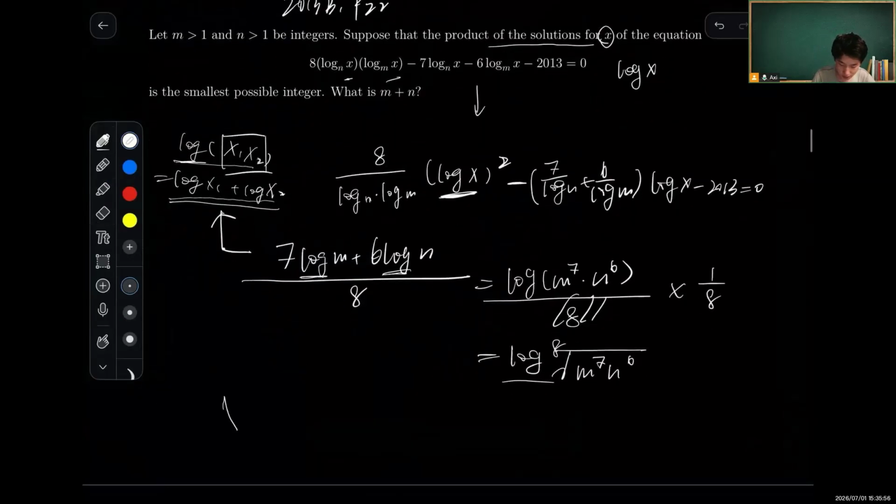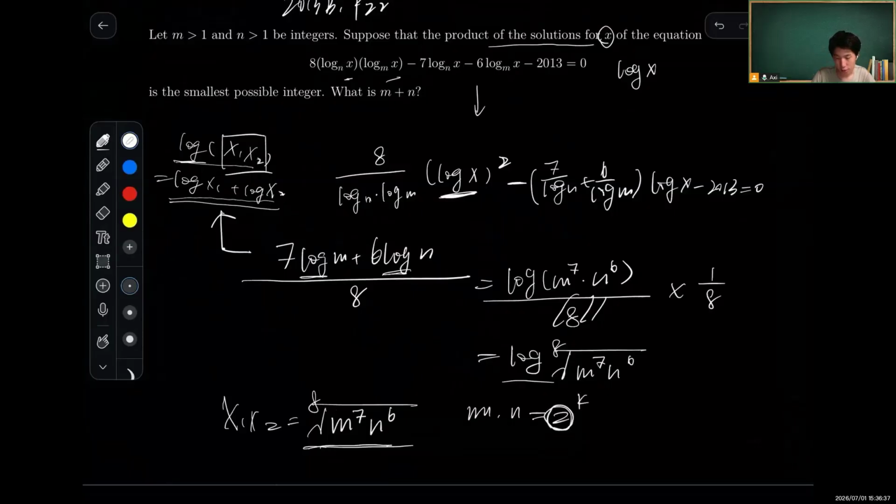Then x1 times x2 is equal to the 8th root of m to the 7th and n to the 6th. We know m and n are integers. First of all, we can assume that in the prime factorization of m and n, it must all be of the form 2 to the kth power, because 2 is the smallest prime. And we really want x1 times x2 to be the smallest, so we're taking the smallest possible base.